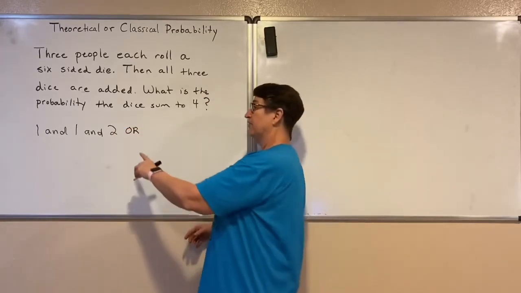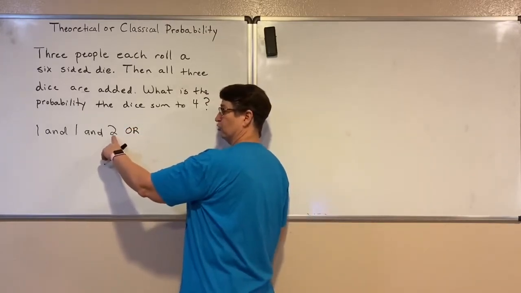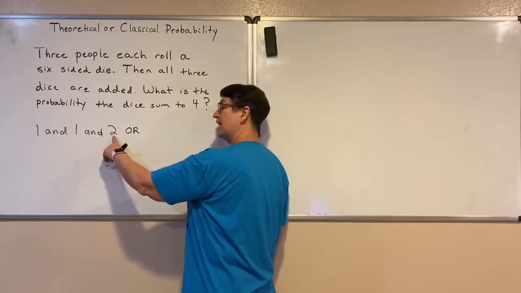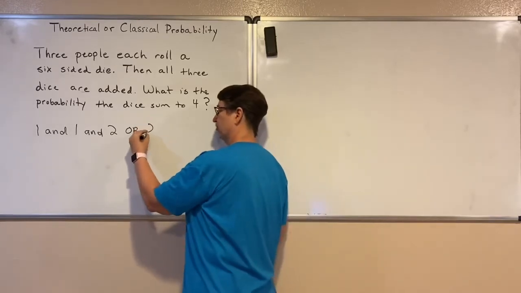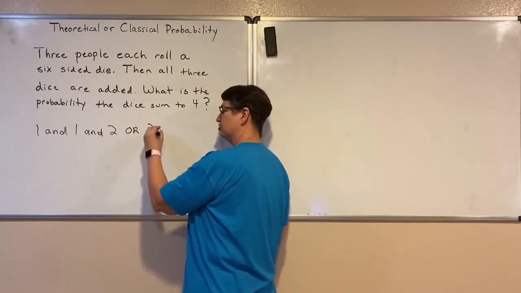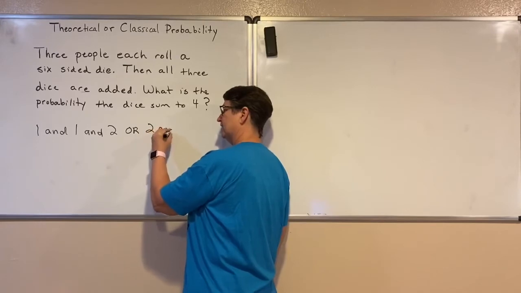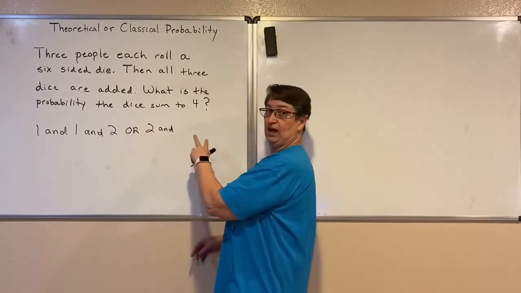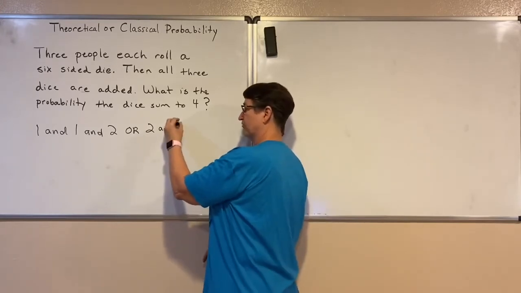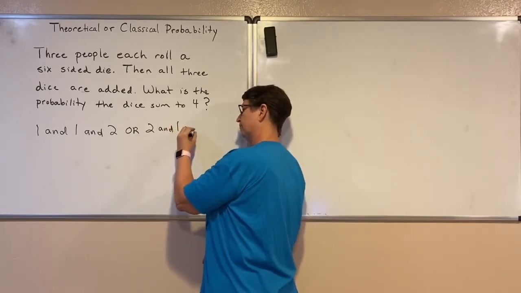Because in this case, the last person rolled a 2. But maybe, instead of the last person rolling a 2, maybe the first person rolls a 2. Then if that one rolls a 2, there's only 2 left. So that means each one of them has to roll 1.